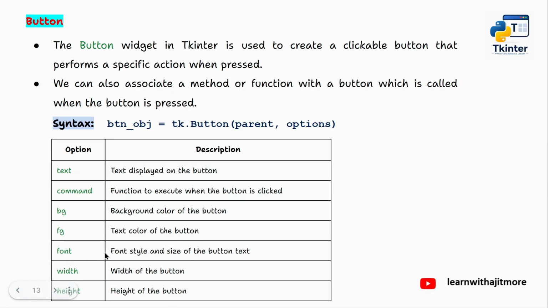Many of these, like font, width, height, foreground, background, are applicable for checkbox also. They are applicable for label also, and for radio button also. We will be learning that, but when we learn those widgets, I won't necessarily tell you all of them, only the main ones. But remember, many of the options of button are applicable to other widgets as well.